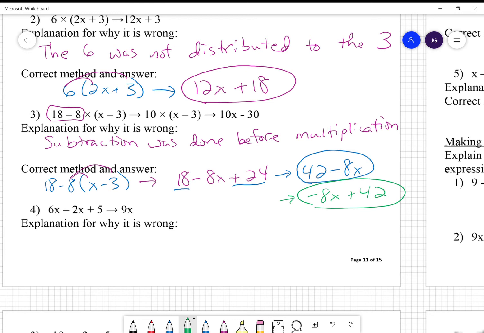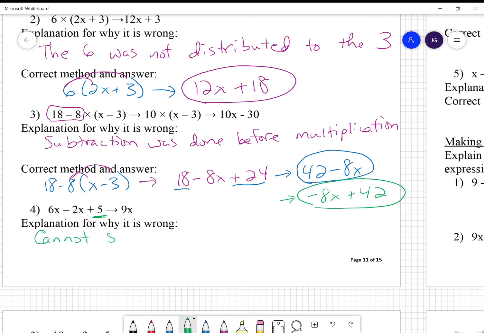6x minus 2x plus 5x is 9x. What's wrong? Well, they combined all of the numbers, 6, negative 2, and 5, to get 9. But 5 is not a variable term. It is not a like term.